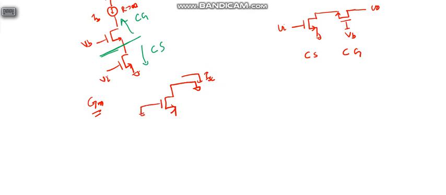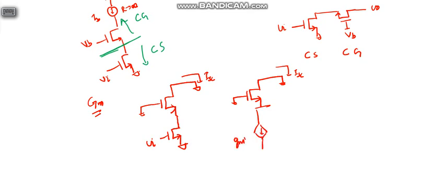So this will be like this, and this will be Vi, this is ground. Now we will make it like this, Isc. It will be something like this, Gm into Vi, with VGS equal to Vi here, and Rout in parallel to this.